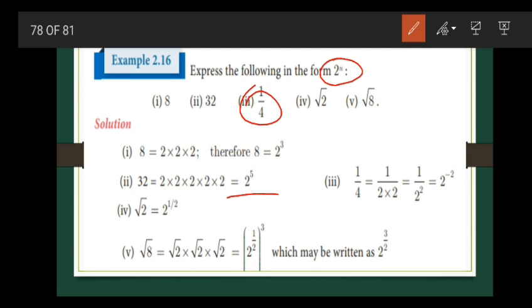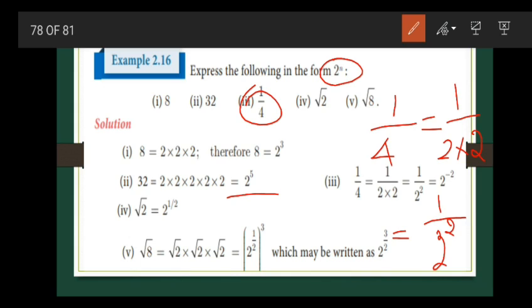Then see 1 by 4. Which is equal to 1 by 2 into 2. Okay, which is nothing but 1 by 2 square. So here in denominator we have 2 square. We have to write everything in the form 2 to the power n. So we have to take this to the numerator. When we are taking this to the numerator, we have to change the symbol of the power.